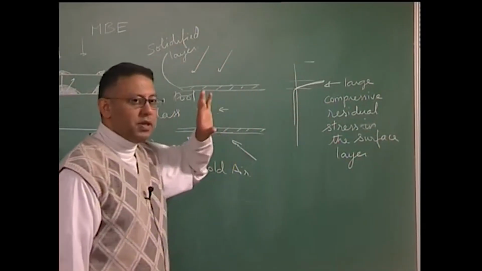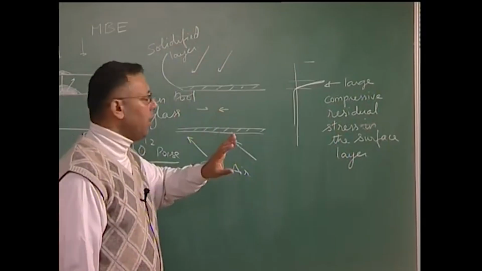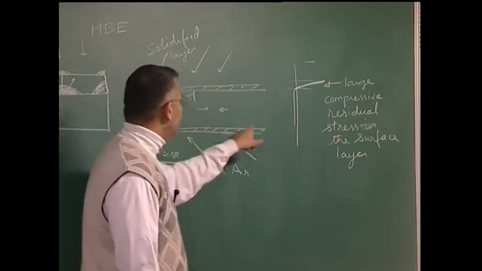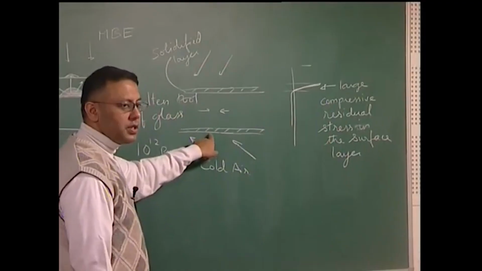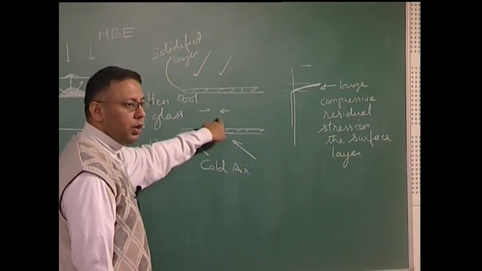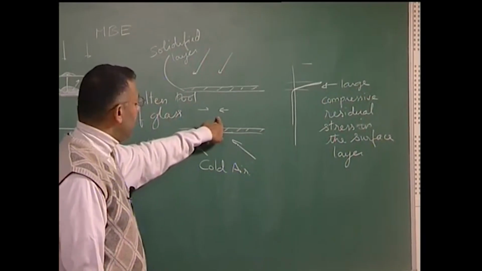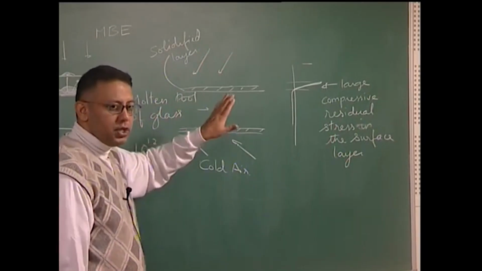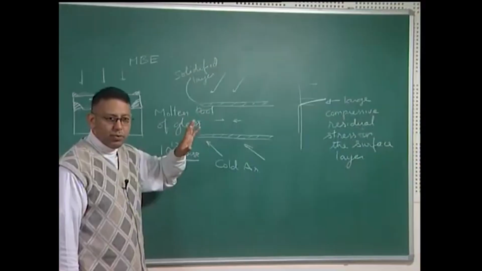Therefore, I need to keep my surface as compressively loaded as possible, and that is what is being done by this process of selectively cooling and solidifying the surface first, then cooling the remaining interior to give rise to a glass. So, the composition has not been changed in this case, the phase distribution has not been changed.